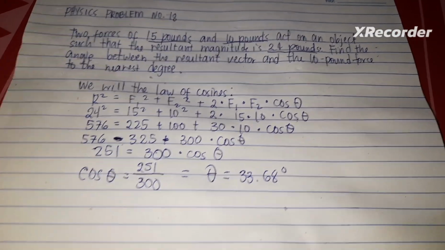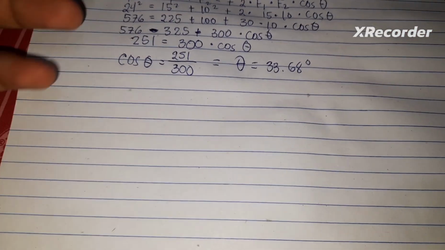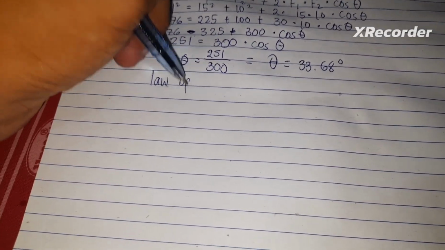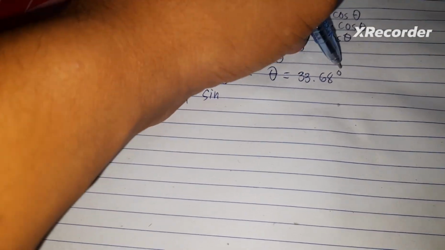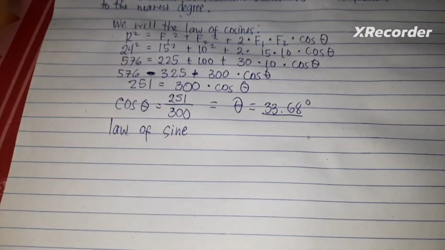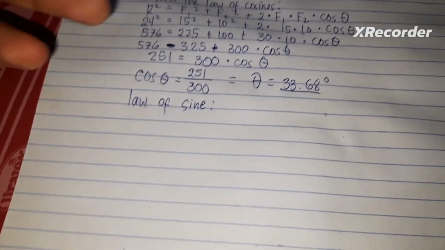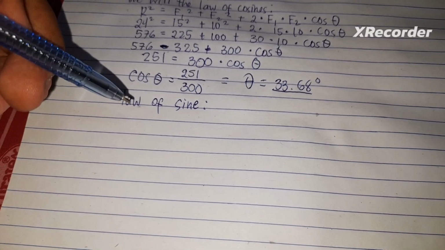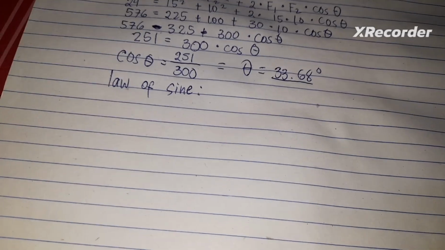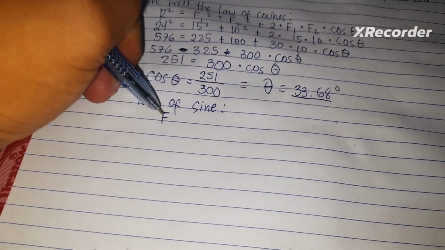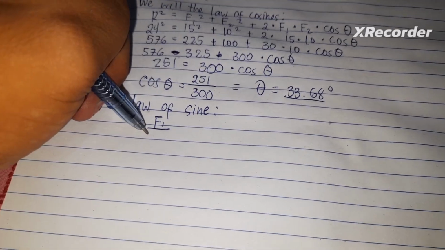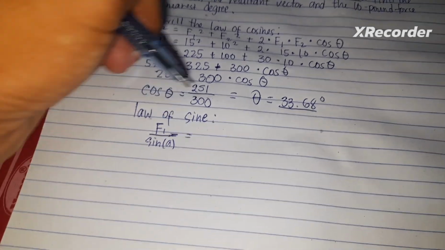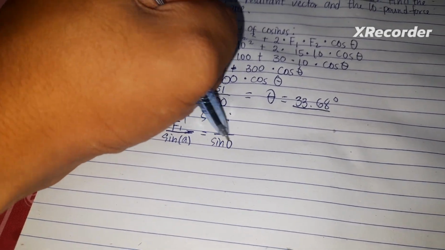So we get F sub 1 over sine alpha equals R over sine theta.